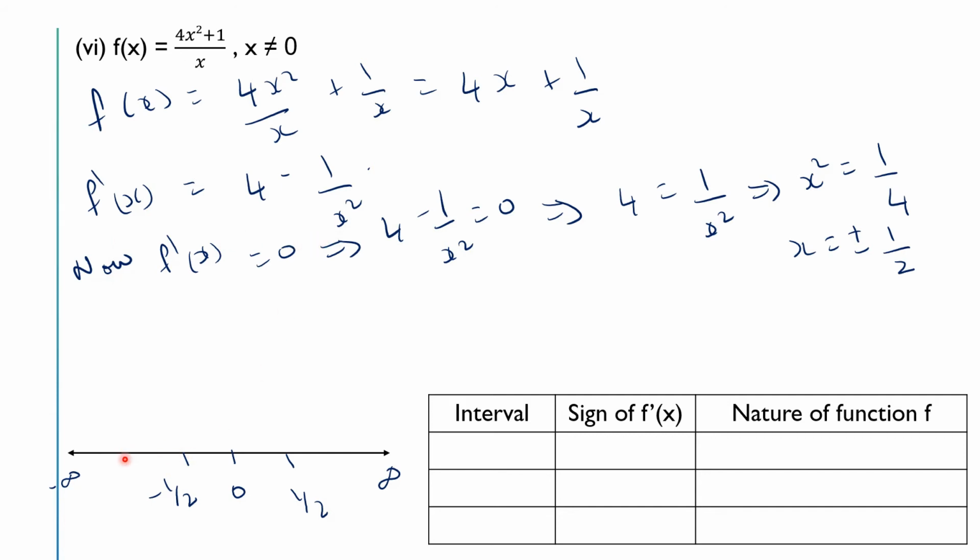Say if we substitute a point minus 1 and check, here we will get f dash of x is positive. So the sign of f dash of x is positive, and the nature of function f is strictly increasing.